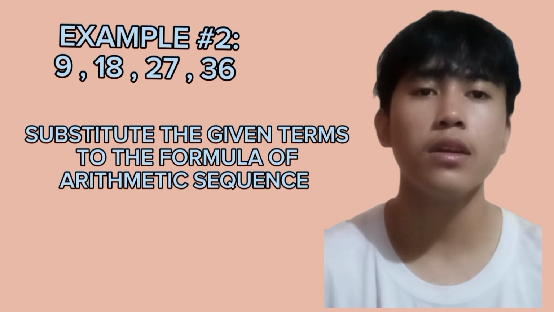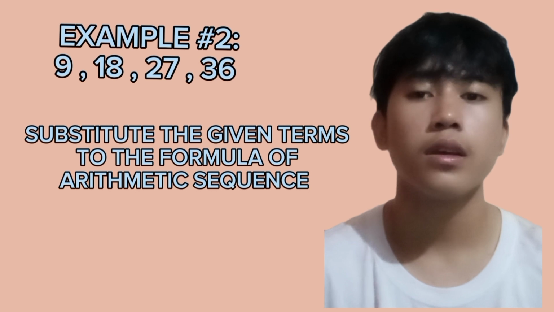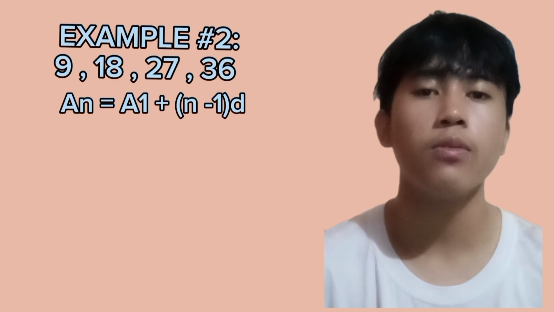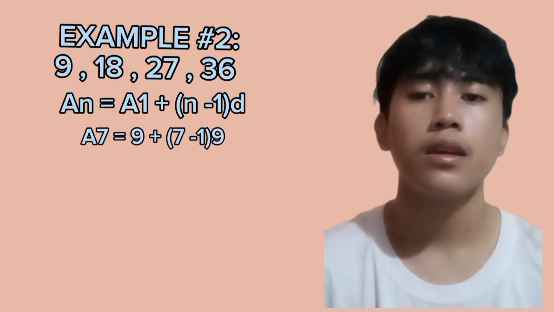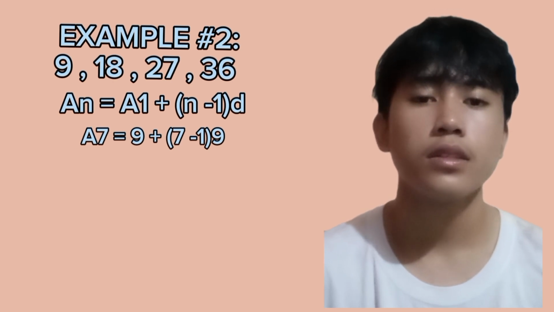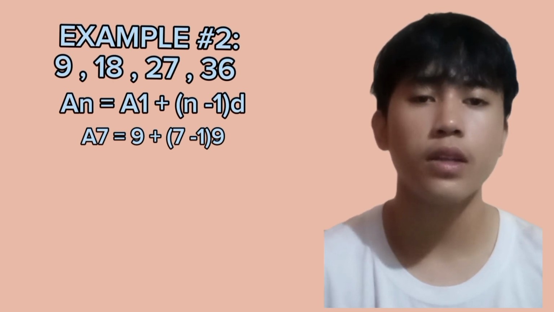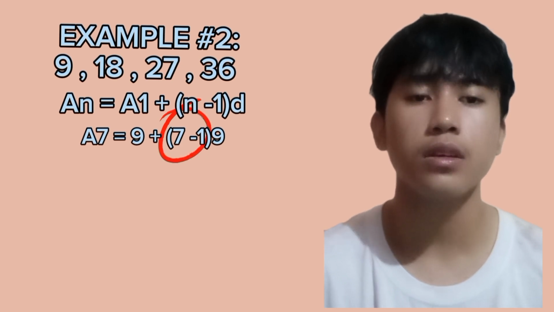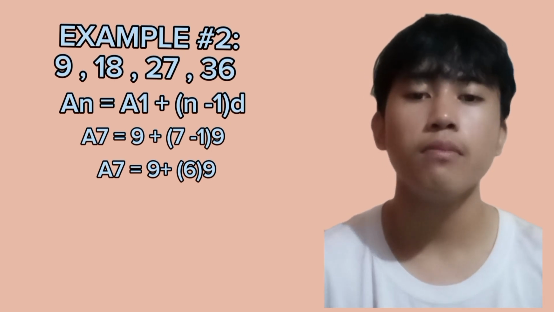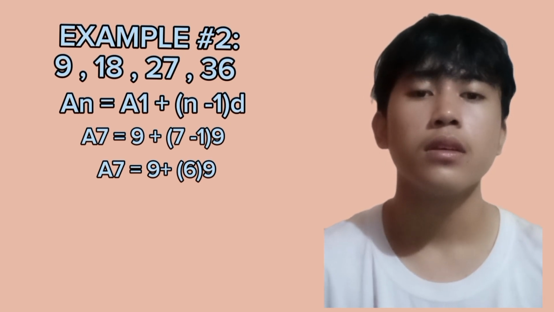Now that we found the common difference, let's substitute the given terms. A sub n equals a sub 1 plus quantity n minus 1 times d. A sub 7 equals 9 plus 7 minus 1. Let's substitute the 7 minus 1 to get the next equation. Equals 9 plus 6 times 9.